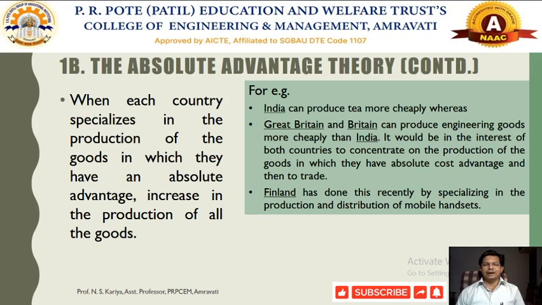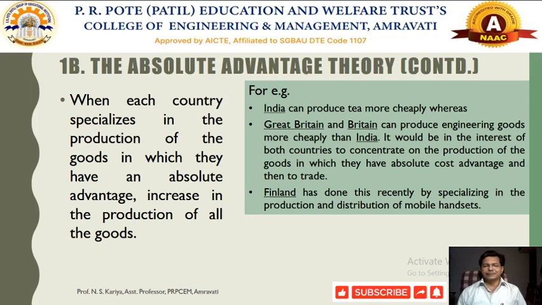So how should it be advantageous to the nation? India is an agriculture country, and huge agricultural land is available to produce agricultural goods and allied products. Whatever agricultural goods we produce, say for example food grains, we can transmit to Great Britain, and from Great Britain we are importing technology.